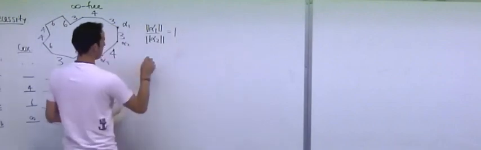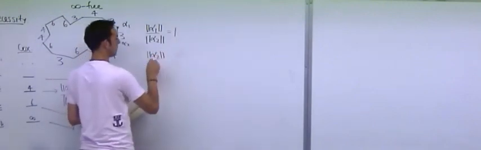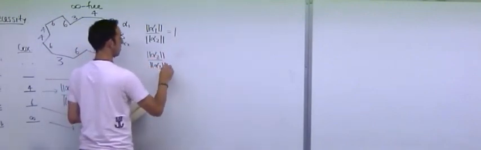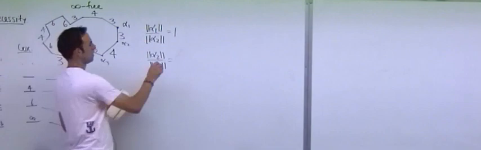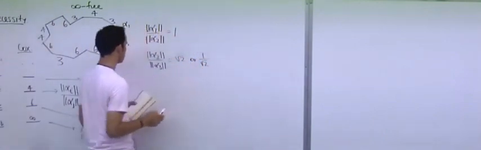Okay. Now, if I do alpha 2 divided by alpha 3, then I see a 4, so that means that these guys are related by square root of 2 or 1 over square root of 2. Okay.